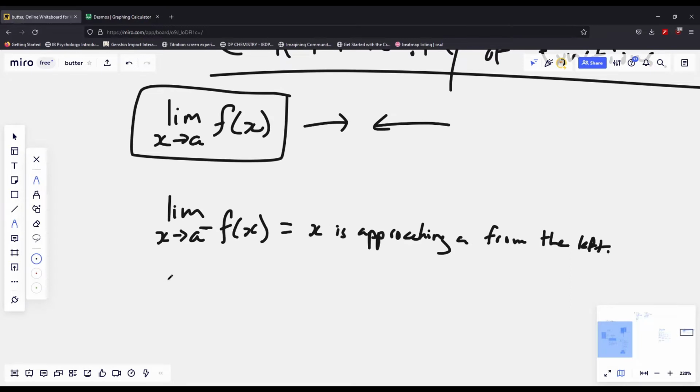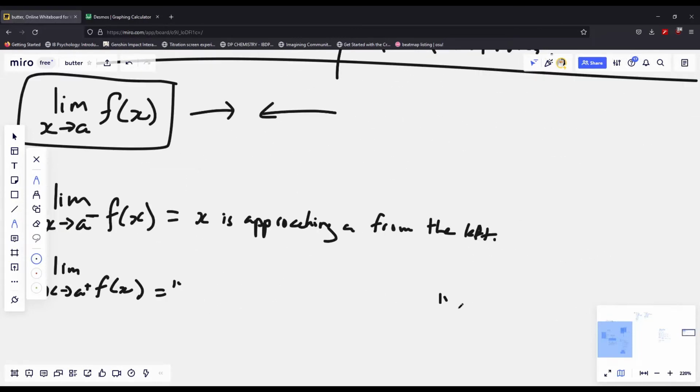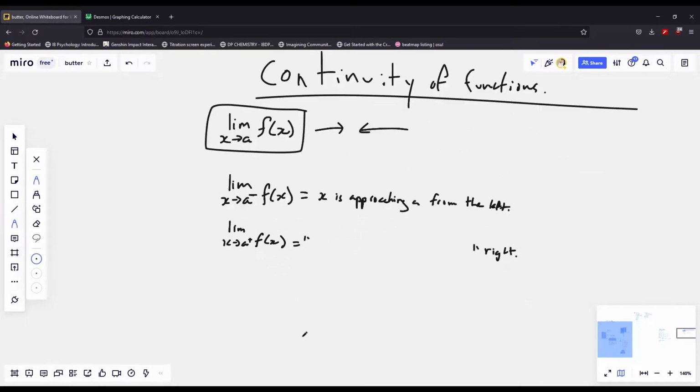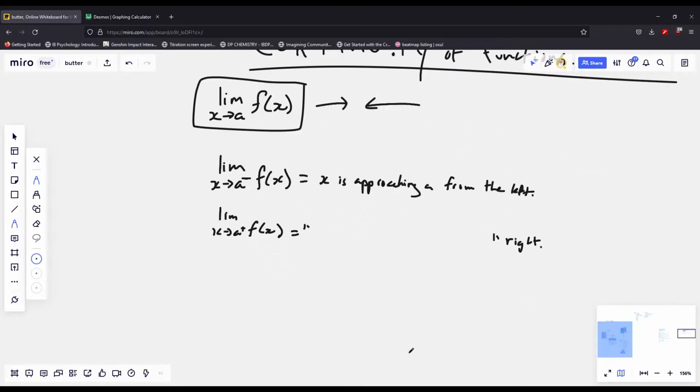And I'm sure you're all very smart, we can infer what the plus here means. The plus means the exact same thing except that it's approaching from the right. Of course, the minus is because on the x-axis, the left side of the axis is negative, and the right side is positive. So this is a good way to remember this.